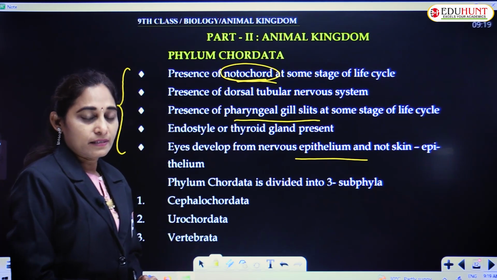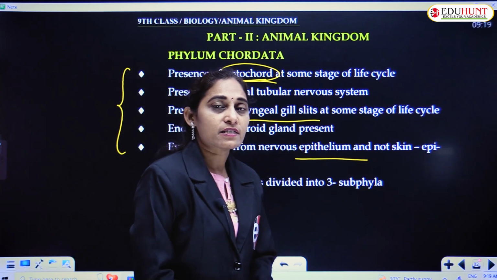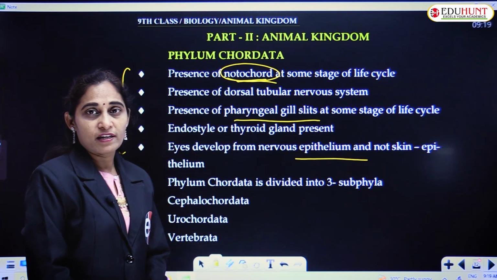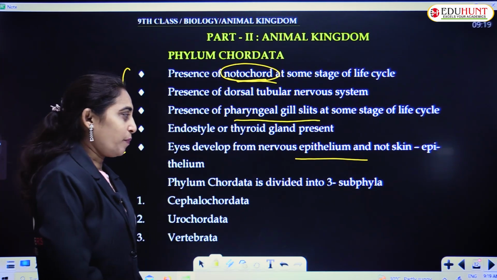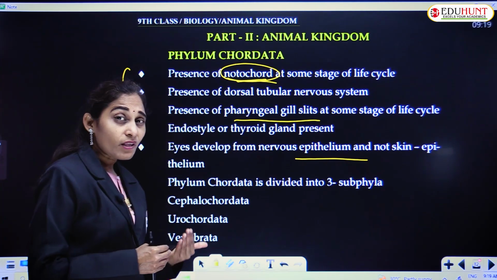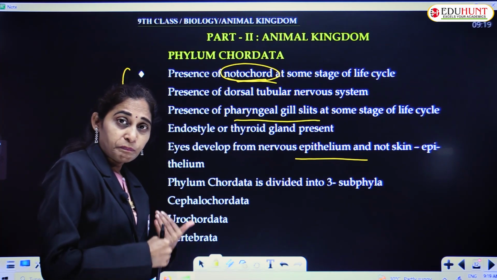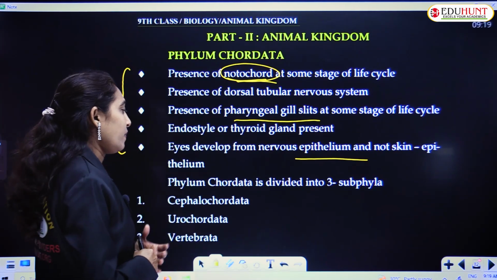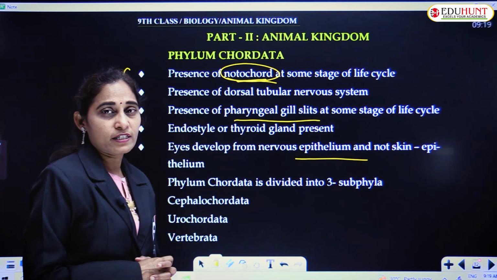It is divided into 3 subphyla. Chordata is a major phylum, and based on some special features, it is again classified into 3 subphyla.